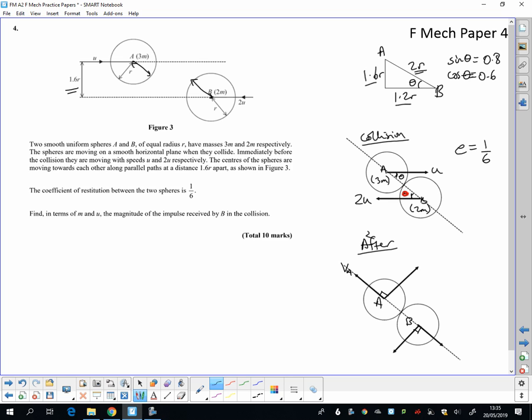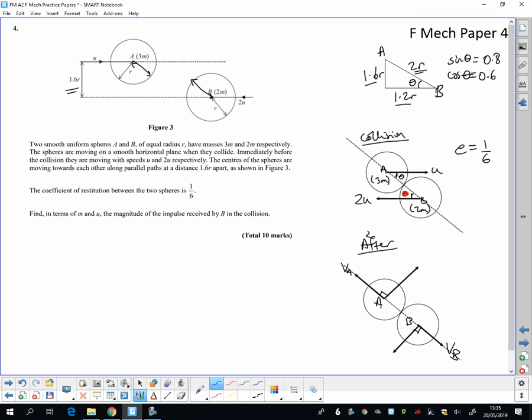So I'm going to say that's VA along the line, that's VB, because what you can actually work out while you're doing this is perpendicular to the line of centre, so the impulse acts along the line of centre. As you imagine them colliding, that's where the impulse is going to act. So perpendicular, there's going to be no change in the component of the speed.